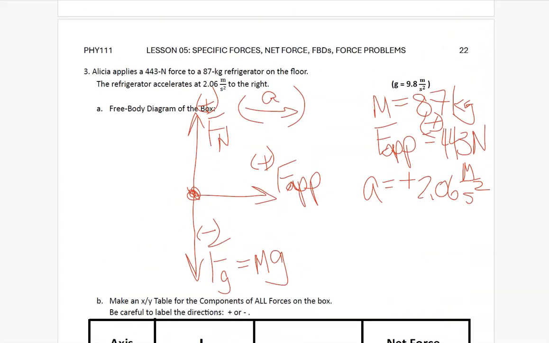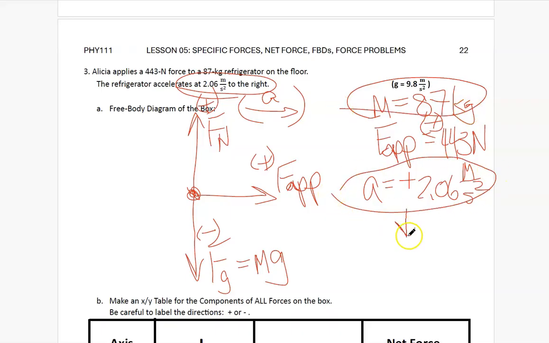We are given an actual value for the acceleration. We're actually given the acceleration, and we're given the mass. So we can immediately calculate mass times acceleration, which is equal to the net force in the horizontal direction.